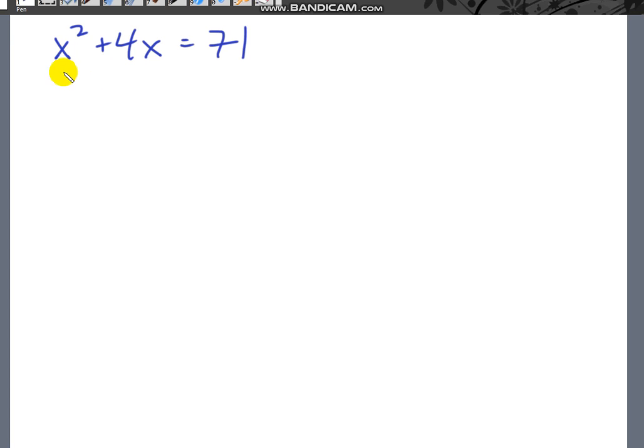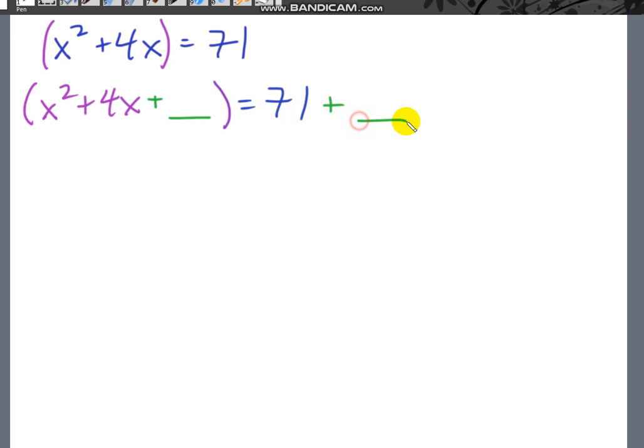In order to solve for x, we want to complete the square again, putting parentheses around our x squared terms and our x terms. So this becomes x squared plus 4x plus something, and that equals 71 plus something.